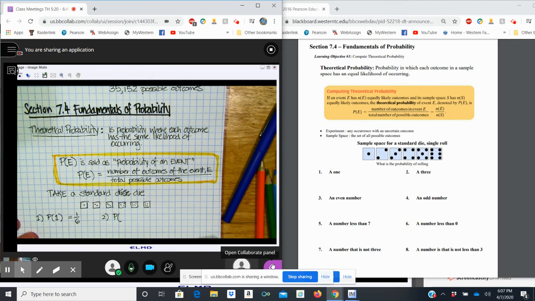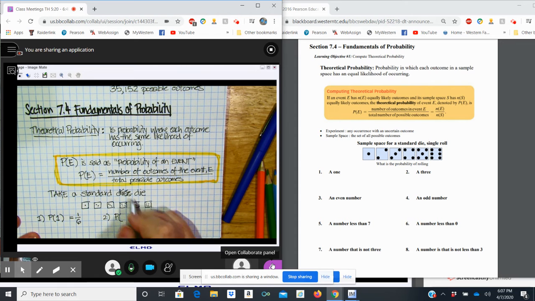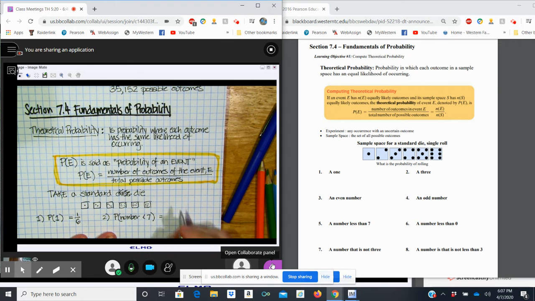What is the probability of rolling a number less than 7? Of all 6 of the events, all 6 of them are less than 7. So this would be 6 out of 6 or 1.